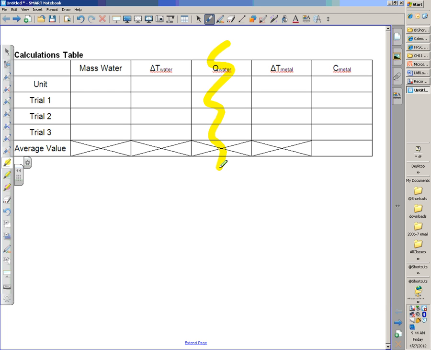And what did we say that our definition of heat was? Transfer of thermal energy. And we can calculate the amount of heat that is transferred between objects if we know three things. The mass of an object, its specific heat value, and then the change in temperature that occurs.